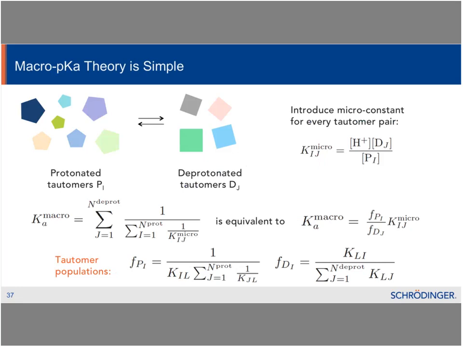You need to just generate all these tautomers and assemble the results into the final result. The tautomer populations can be computed like this, and you can actually calculate macro-pKa using these tautomer populations and a single micro-pKa. These two formulas are exactly equivalent, but notice that you still need to calculate these tautomer populations. Any formula you wish to use, it's up to you, same result.